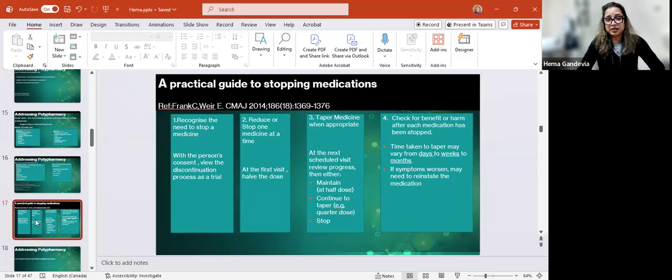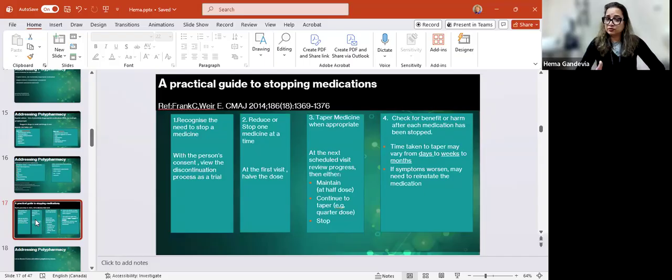Third point is taper medicine when appropriate. So say, for example, if you look at one of the most commonly targeted medications, which could be benzodiazepines or opioids, you would try to start going slow, go low, and try to get the patient to agree upon a time frame.